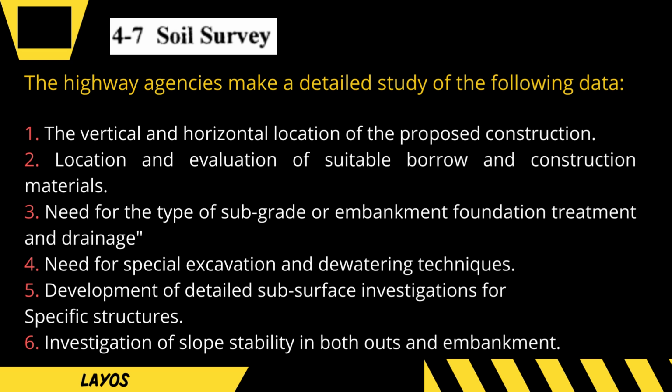Second is location and evaluation of suitable borrow and construction materials. This means borrow or suitable roadway excavation materials, including organic, and evaluation of site-specific condition and surrounding soils. Third is need for the type of subgrade or embankment foundation treatment and drainage.